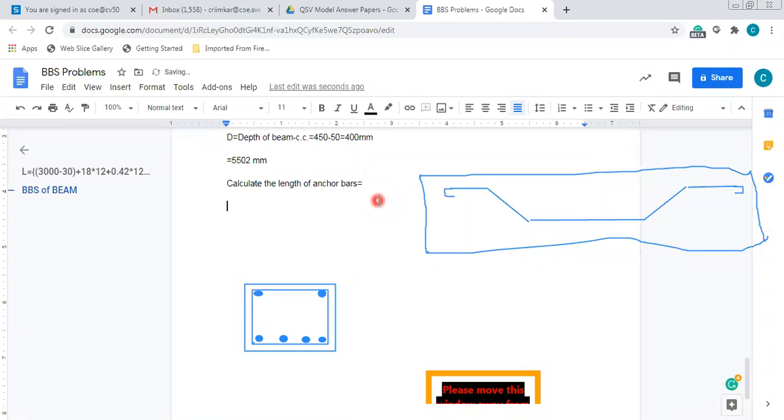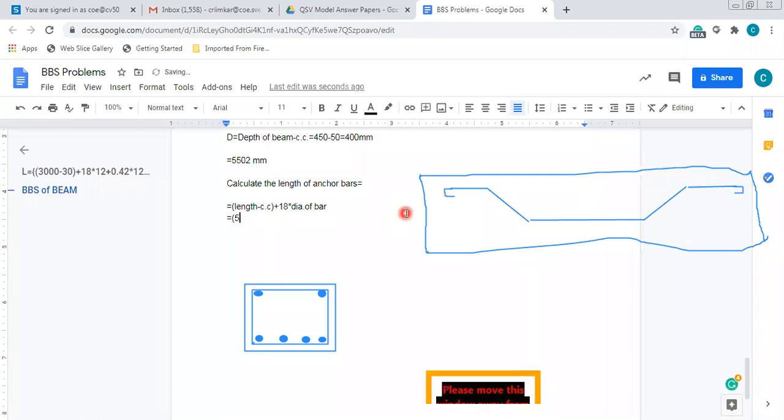It is very simple, use the same formula: length minus clear cover plus 18 times diameter of the bar. Only this formula you have to use because it's a straight bar, there is no bent up.